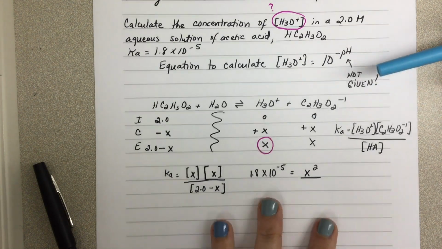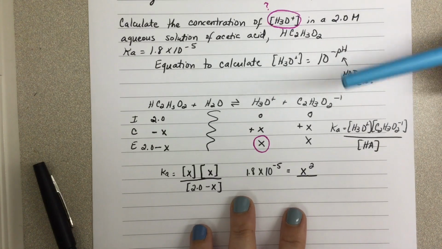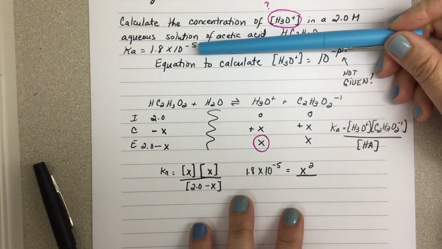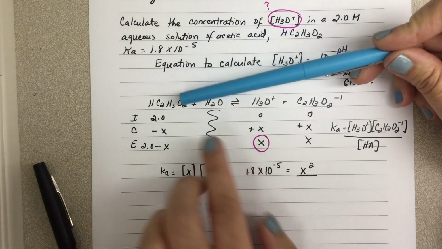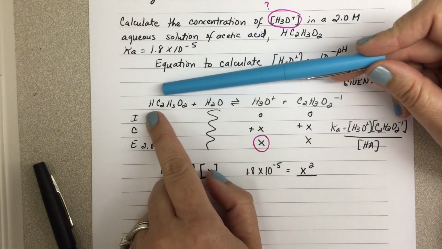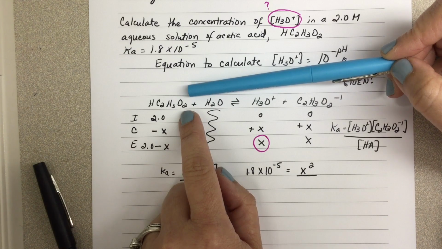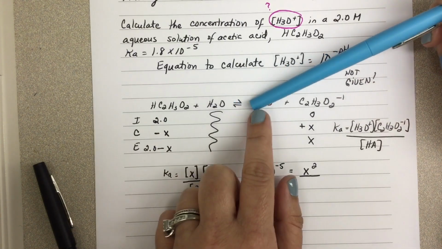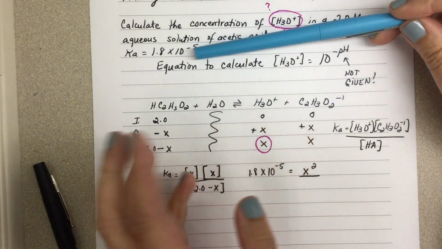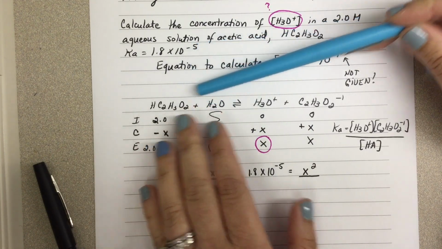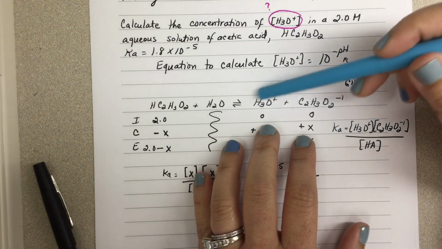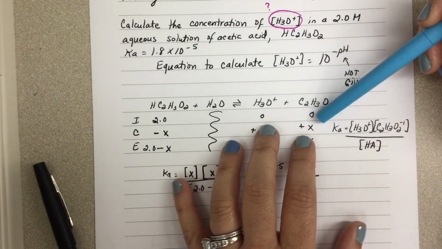Look, your equilibrium constant is a number that is 10 to the minus 5. A small number like this is telling you that your acid molecule has a small dissociation. This is your dissociation constant for acetic acid. So if you have a small dissociation, what you have is a small amount of ions.